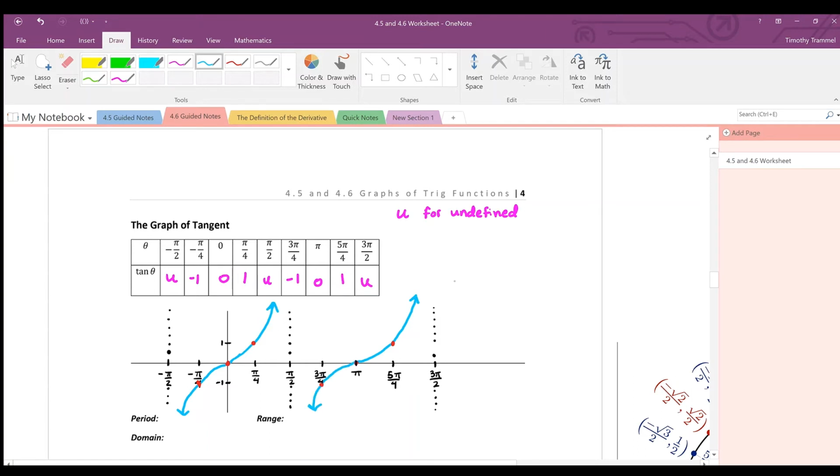All right, and again, this pattern, it's going to keep continuing in both directions. So this is not the entirety of tangent, but it's what it looks like.